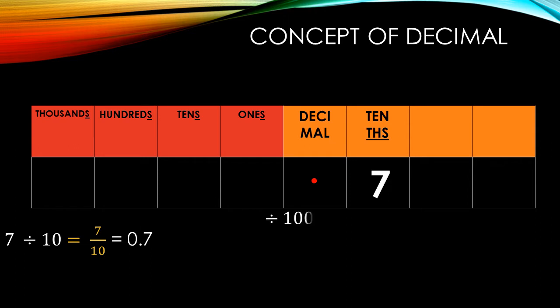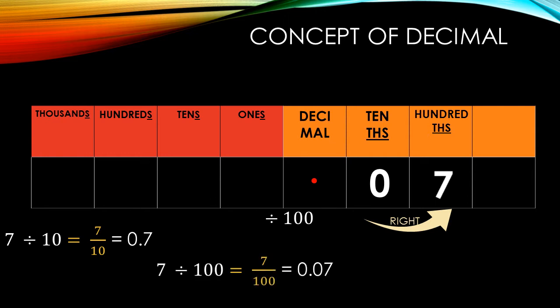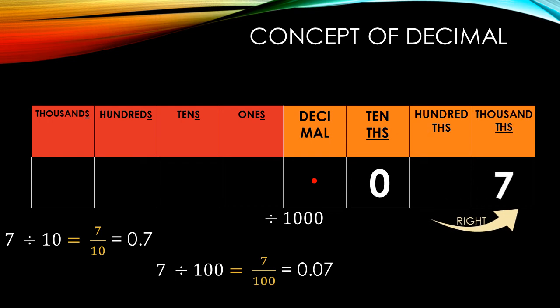If we divide 7 by 100, we observe that 7 jumps one more column to the right. So we add one more column called hundredths in the place value chart, and we read it as 0.07. And if we divide 7 by 1000, 7 jumps one more column to the right, to the thousandths place, and we read it as 0.007.